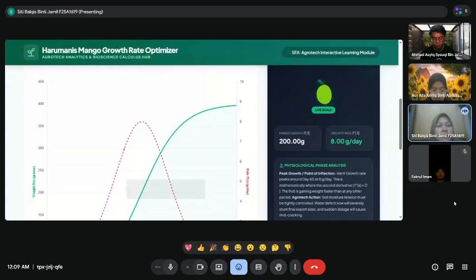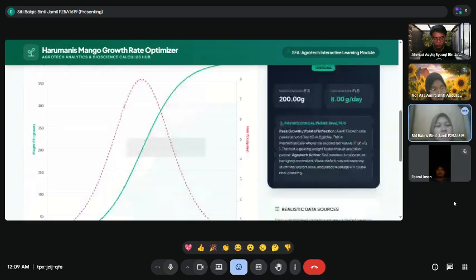For instance, if we inspect day 60 DAA, the mango weight reaches exactly 200.00 grams and the growth rate hits its absolute peak at 8.00 grams per day. Mathematically, this is the point of inflection, where the second derivative f''(x) equals 0.